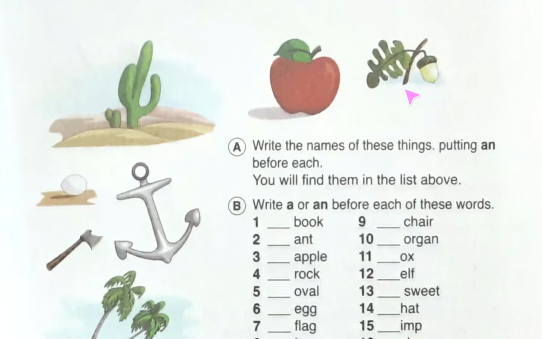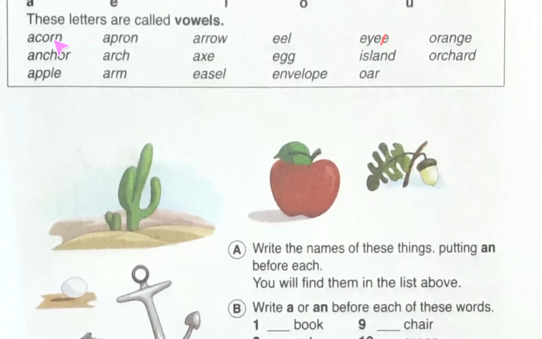So, if we start from this place, this is a picture of an acorn. So, here this is the word acorn. So, we can write an acorn. Okay. This is apple. So, here we will write an apple.